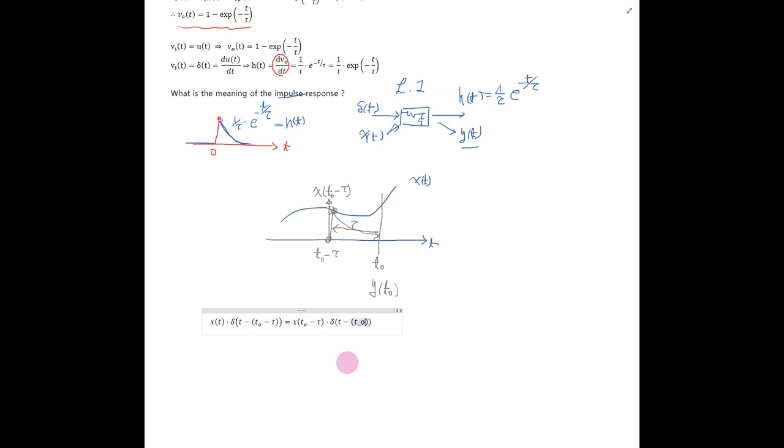Now this delta function is scaled by the x value, the scaled value. But we know that the RC circuit is linear and time invariant. And when the input is applied, then what will come out? Here, I said that this RC circuit is linear and time invariant.